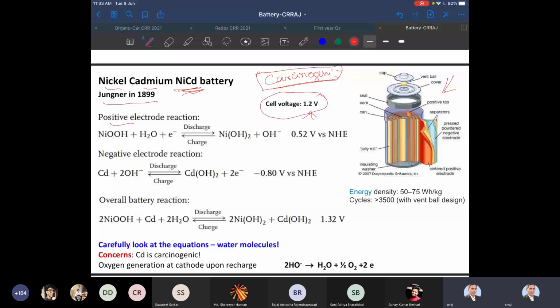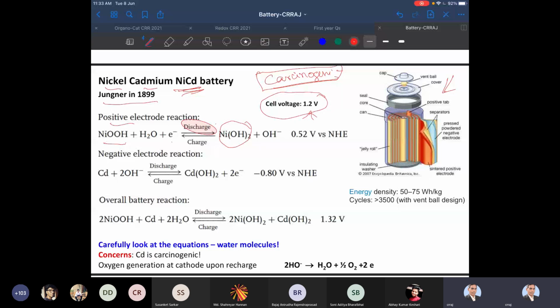The positive electrode reaction is what is happening here. Nickel oxyhydroxide, right, look at the arrow. What is happening during discharge? The discharge reaction is nickel oxyhydroxide to nickel hydroxide. On the other hand, the charging reaction is nickel hydroxide to nickel oxyhydroxide.